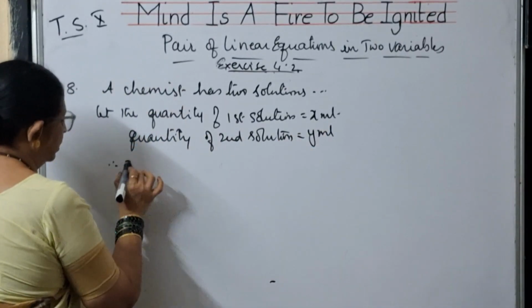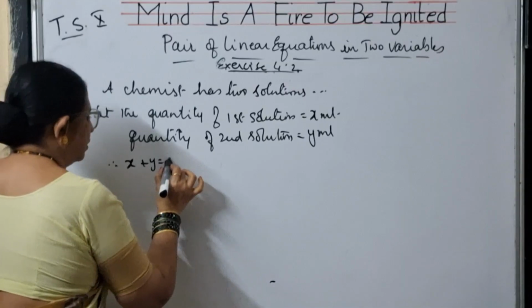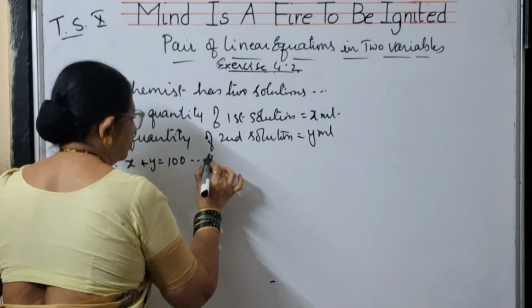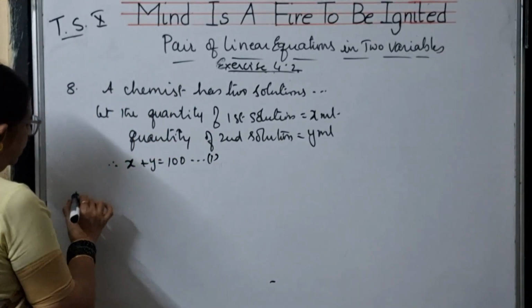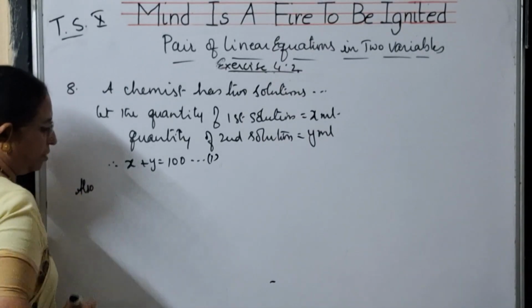So what are we getting? X plus y is equal to 100. This is first equation. And also, what did they say?